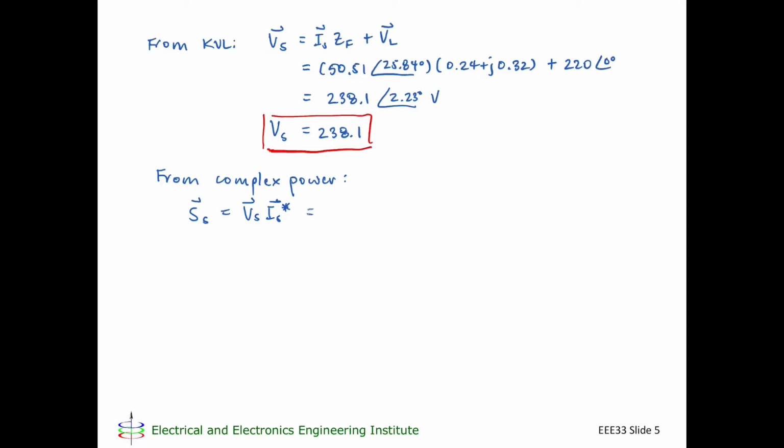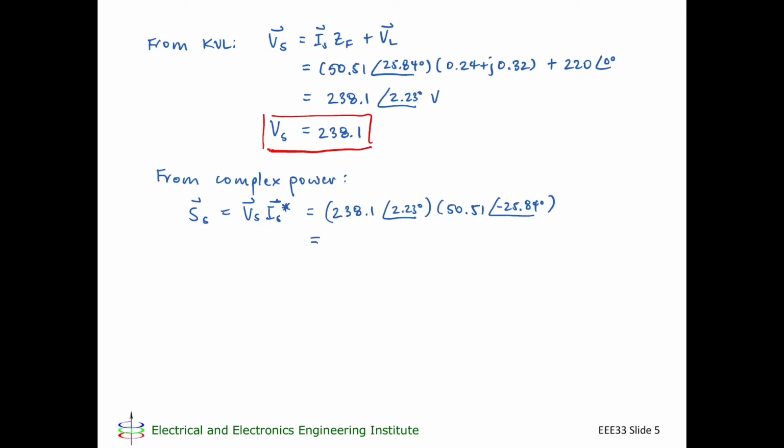That is equal to 238.1 at an angle 2.23 degrees multiplied by 50.51 at an angle minus 25.84 degrees. That's I sub S conjugate.